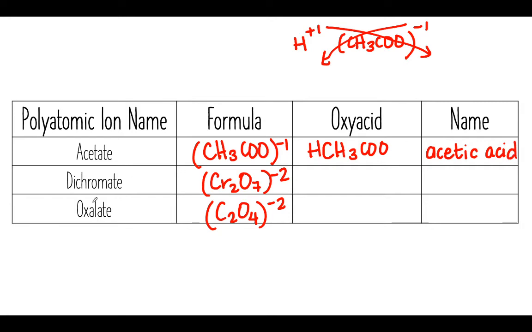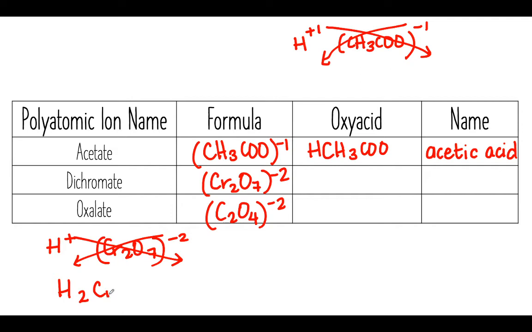All right, let's do the same for dichromate. So I'm going to pick maybe here. So we've got hydrogen, H+, and we've got Cr2O7, and this has a charge of -2. So when you crisscross these, we've got H2, right? This 2 is coming from the charge of dichromate.